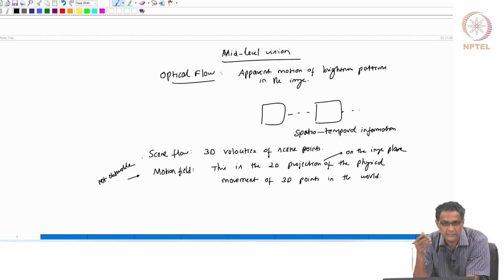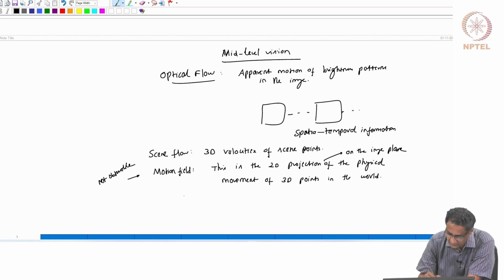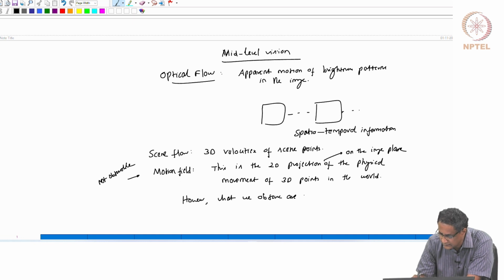We do not get to see the motion field directly, but what we see are intensities. And the idea is that these intensities in turn should help us compute the motion field.